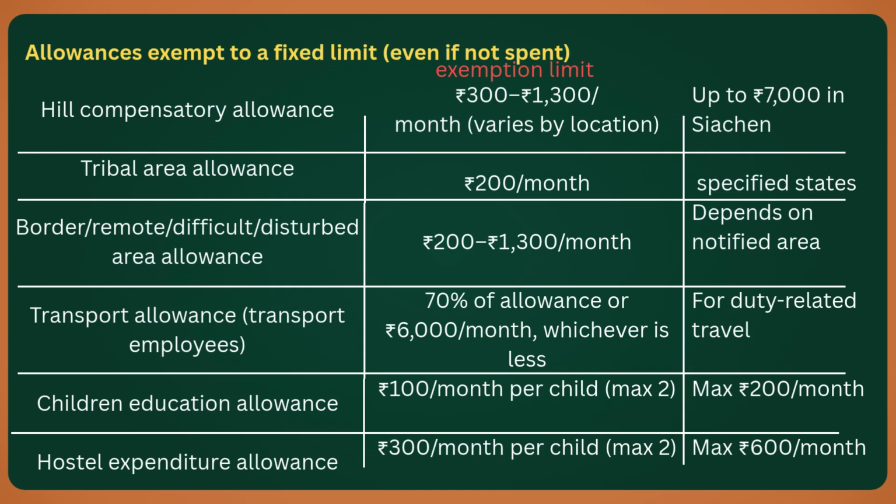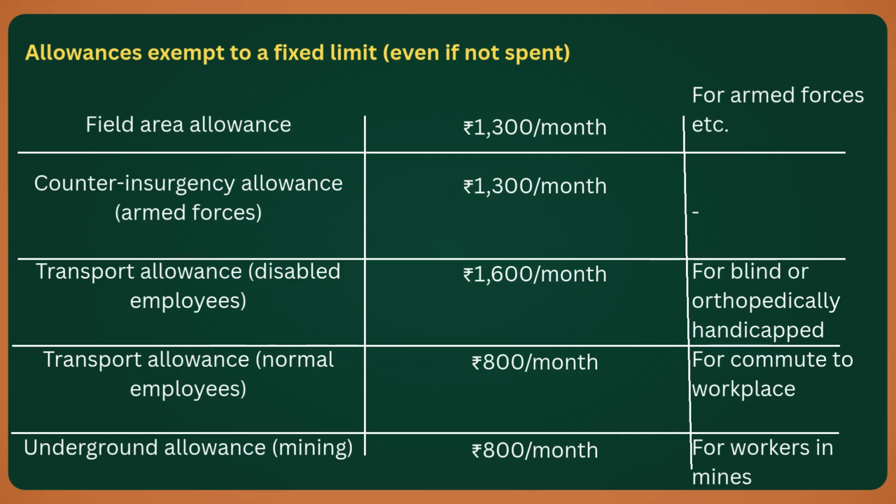Transport allowance for employees in transport services, up to 70% of allowance or 6,000 rupees, whichever is less. Children education allowance, 1,000 rupees per child for a maximum of 2 children. Hostel expenditure allowance, 300 rupees per child for a maximum of 2 children. Compensatory field area allowance, 1,300 rupees.